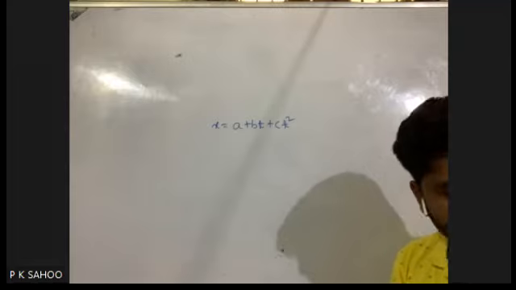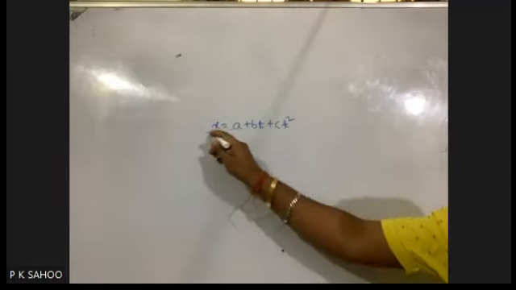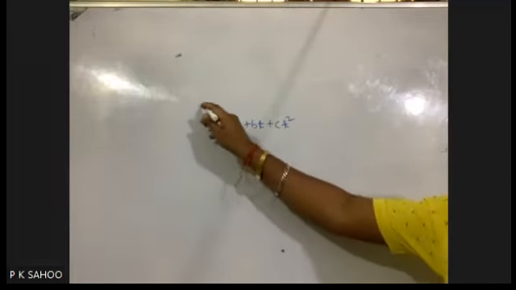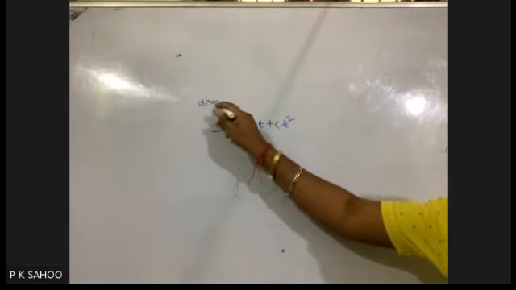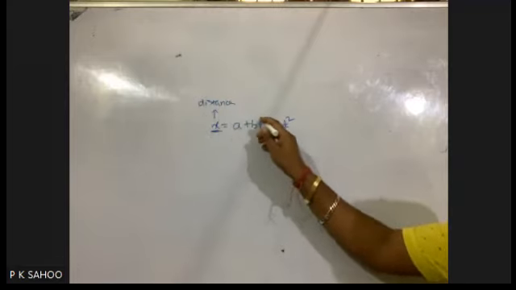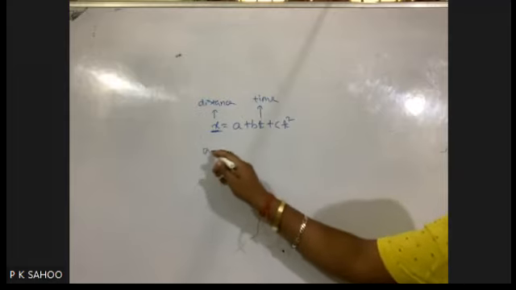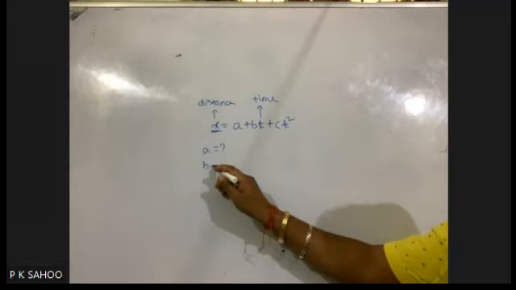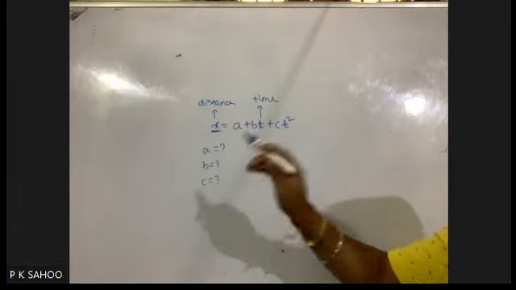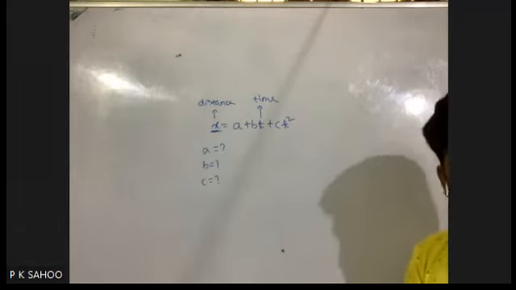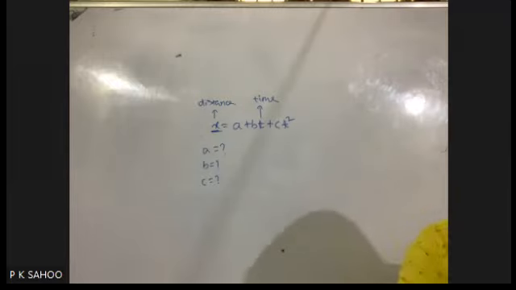Keep your pen ready. x is distance and t is time. The question is, find the dimensional formula of A, B, and C. Please try.